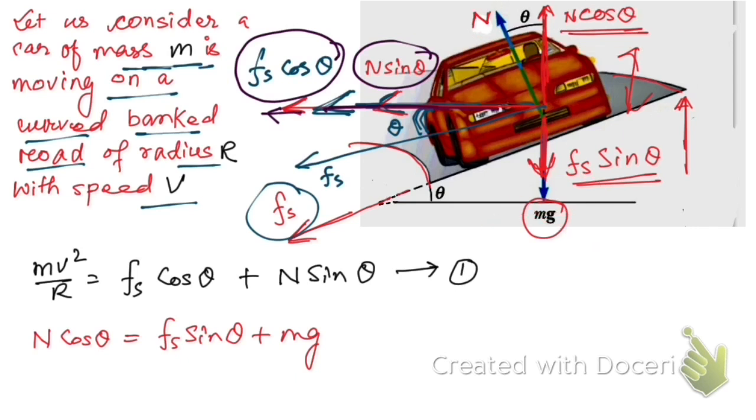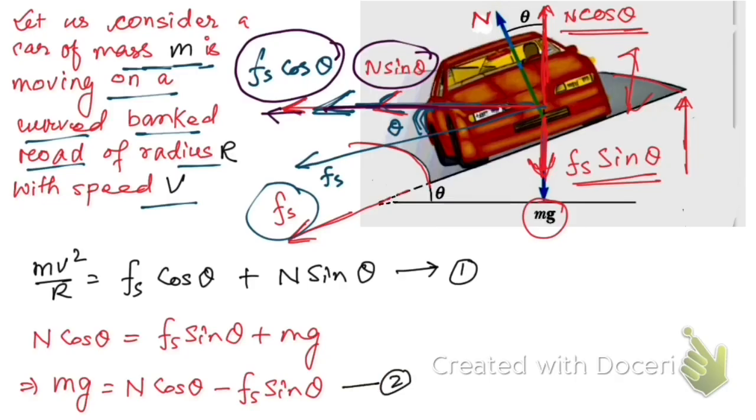Okay, the upward and downward forces must be equal, right? Hope you have understood this. From here, let us simplify this to get mg. Mg will be equal to n cos theta minus Fs sin theta. Okay, so this is equation number 2.